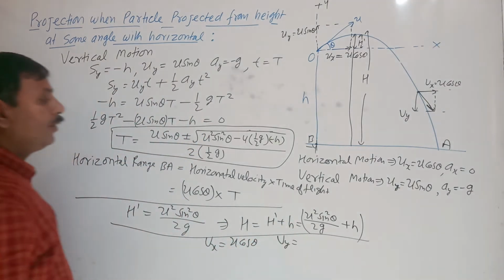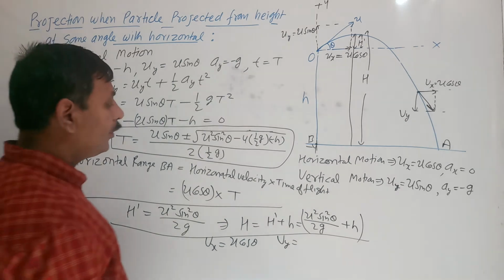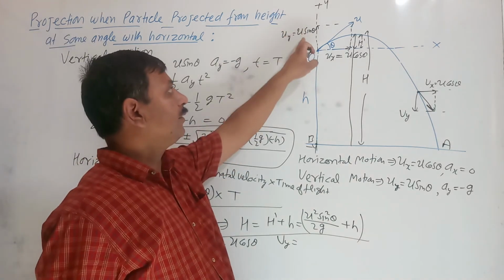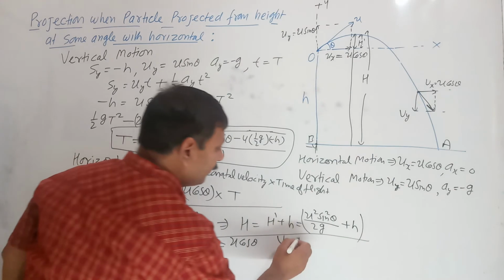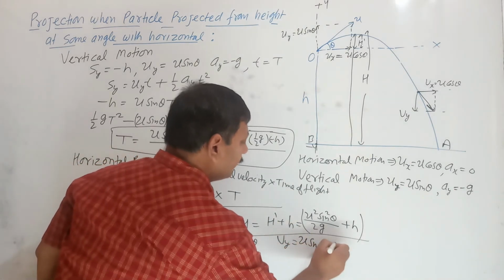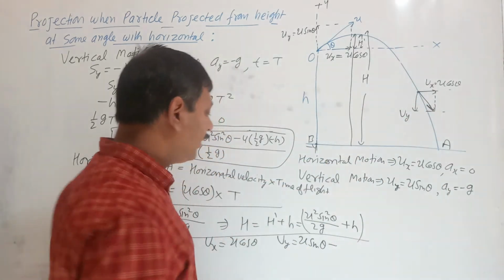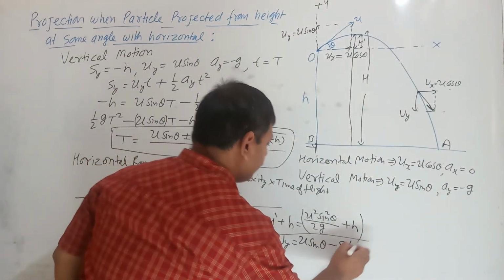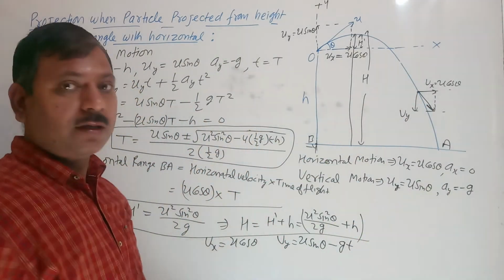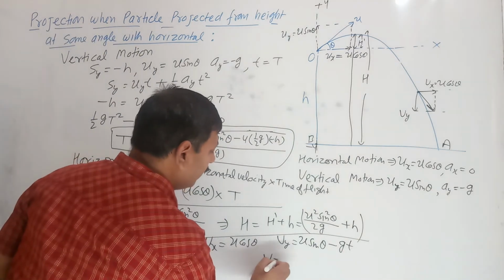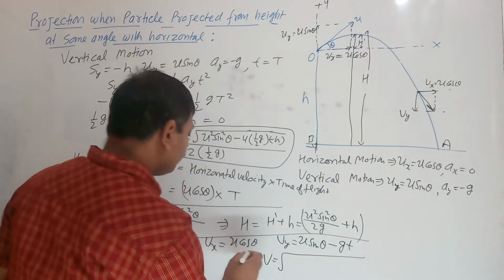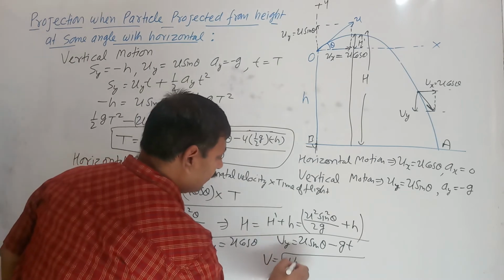The vertical component v is equal to uy, the initial velocity u sin theta, plus ay t, that is minus g t. So what will be the velocity at any instant? Vx square plus vy square under root.